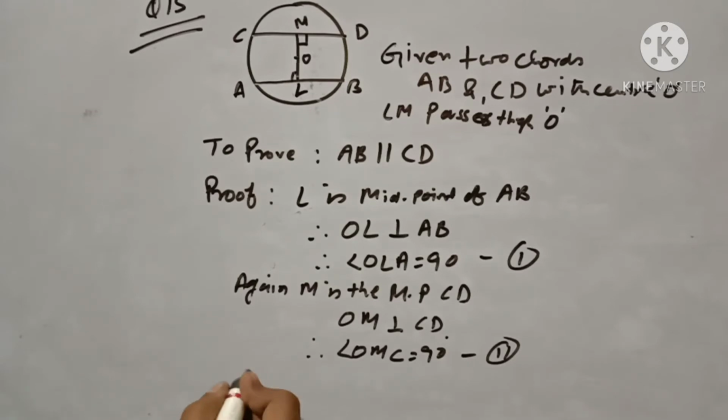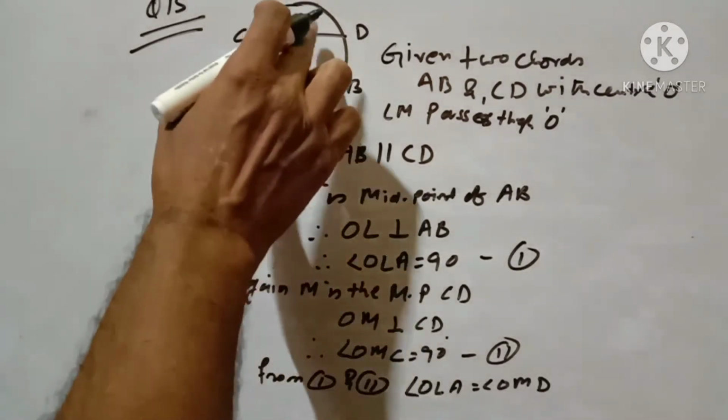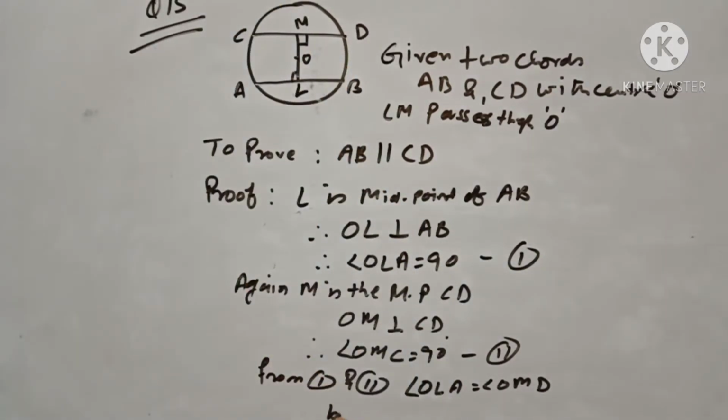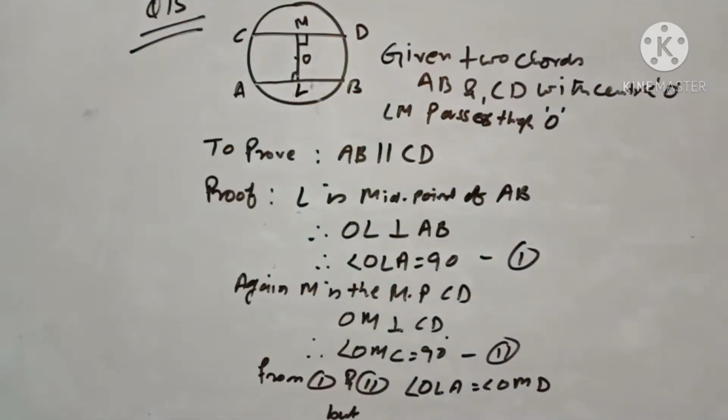Now, from equations 1 and 2, we find that angle OLA equals angle OMD. But remember, these are alternate angles, because see, it is creating a Z, alternate angles. Therefore, AB is parallel to CD. This is what I wanted to prove. Write down QED. And whatever is given, I have shown.